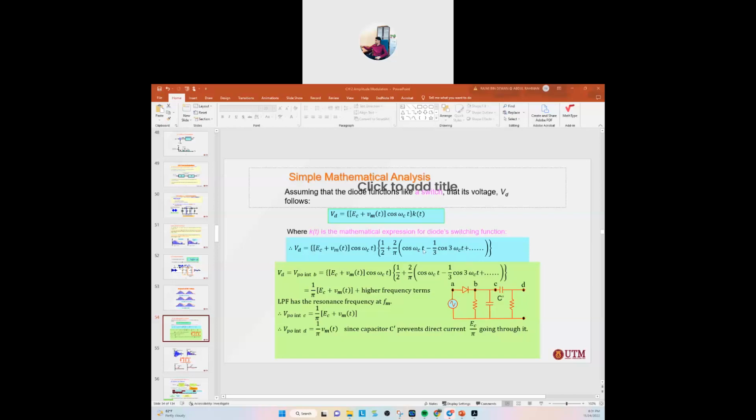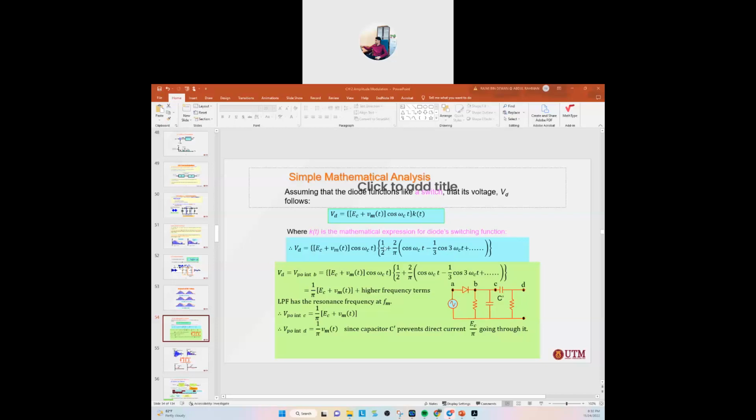Yes, the next one will be plus 1/5 cos 5 omega ct, and the next one will be minus 1/7 cos 7 omega ct. If you remember your signals and systems, this uses odd numbers, n equals 1, 3, 5, 7.